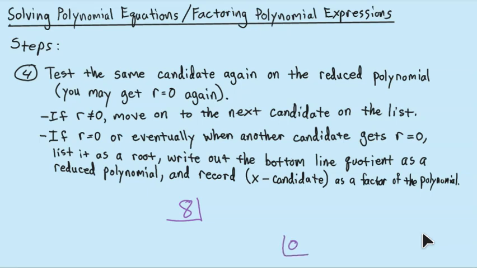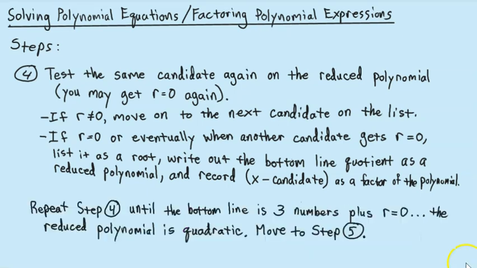Well, then you're going to list 8 as a root. You're going to have new bottom line numbers here, and you're going to write that out as a new reduced polynomial. And then you're going to record x minus 8 as a factor of the polynomial. x minus 8 is going to be one of your factors.